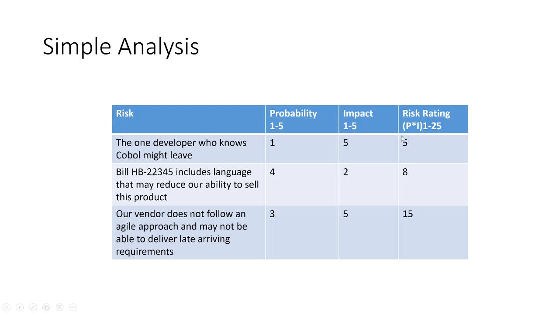So that had a risk rating of 5. Now here you have a vendor that doesn't follow an agile approach, may not be able to deliver late arriving requirements. There's a pretty high probability that would happen, and the impact would be significant to this project.